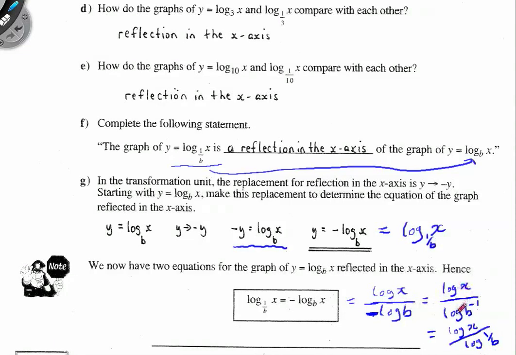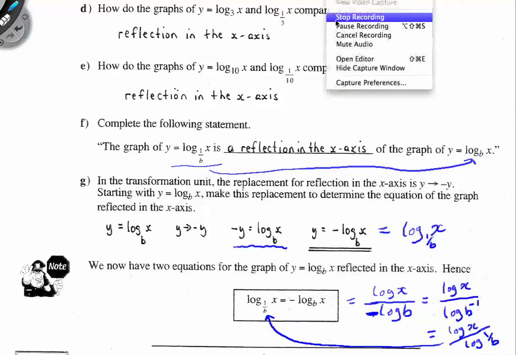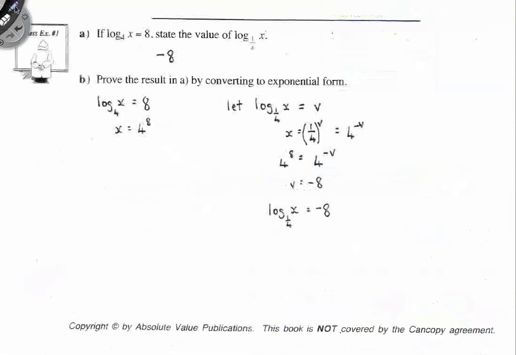So we have log x over log b to the negative 1, but b to the negative 1 is really 1 over b. Now in this format, you can see that this is really going to be the base number. It will be equivalent to this here. So we can write this equation as this.